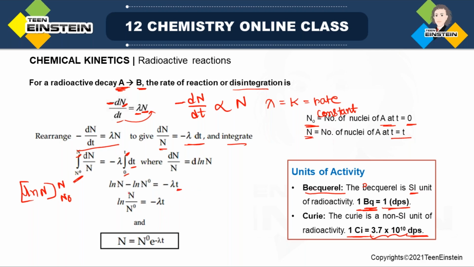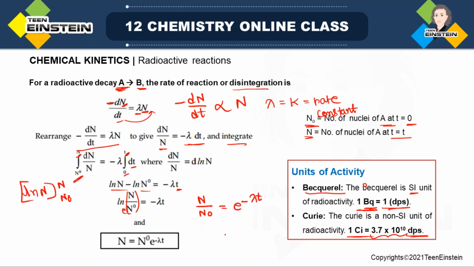Finally, as it is ln N minus ln N naught, you can express it this way: ln N by N naught equals minus lambda t. Now in ln, the base is e, so if you want to remove the ln term, then N divided by N naught will be equal to e to the power minus lambda t.